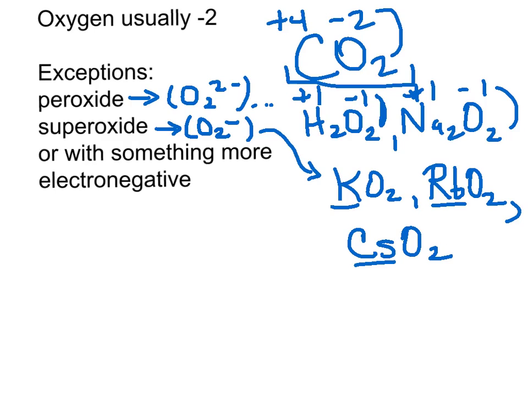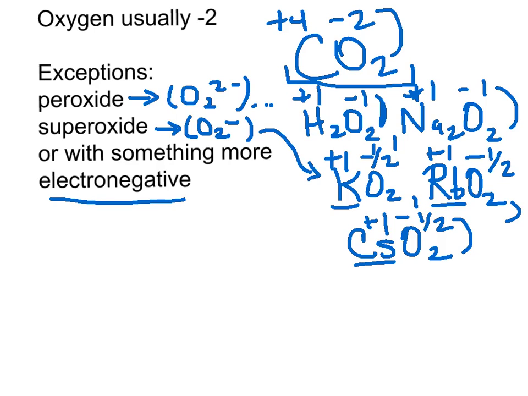In this case, the oxidation number is actually a -1/2, which is really strange. But that -1/2 with the 2 oxygens is what gives it the -1 charge. And the cesium, potassium, and rubidium will have +1 oxidation numbers.